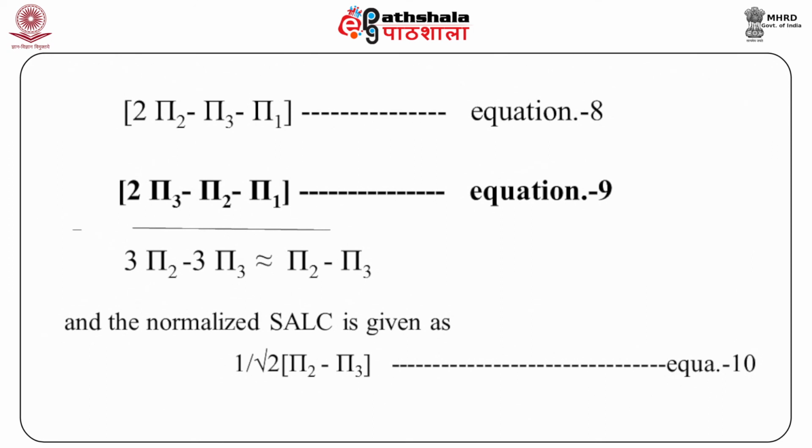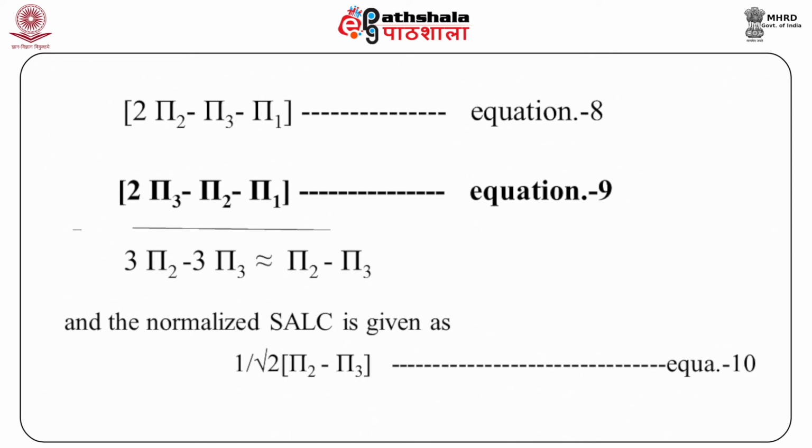To get the second SALC corresponding to E'', let us subtract the SALC of equation 9 from the SALC given by equation 8 as shown below. By doing this, the unnormalized SALC is π2 minus π3, or after normalization, the SALC is 1 upon under root 2 (π2 minus π3).